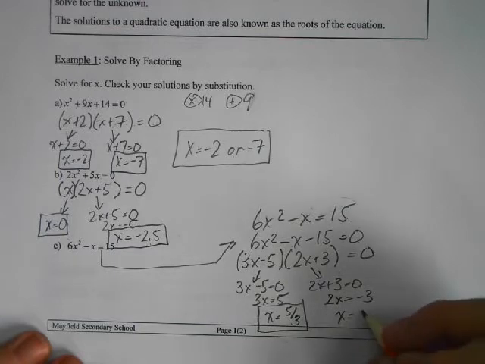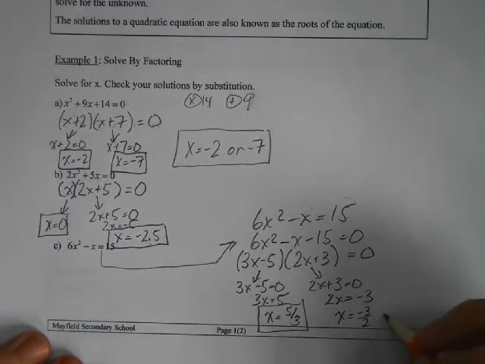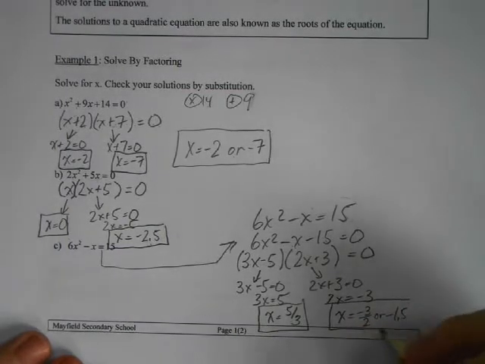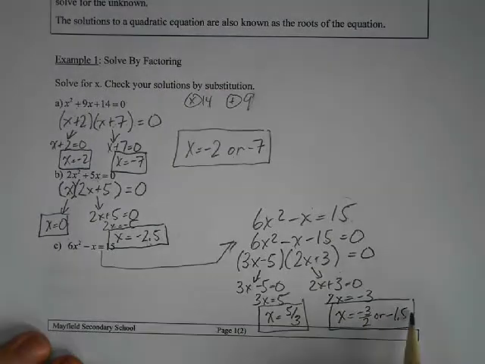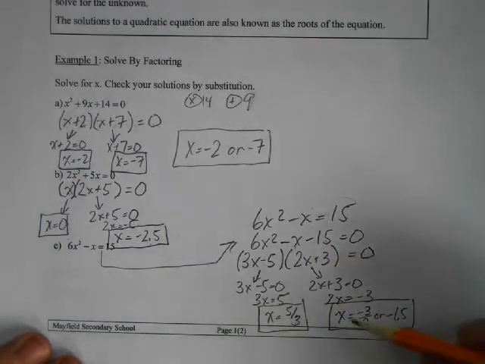So that's -3/2. In this case, if I convert that to a decimal, I could change it to -1.5. That's totally legit. So I would accept either one of these two.